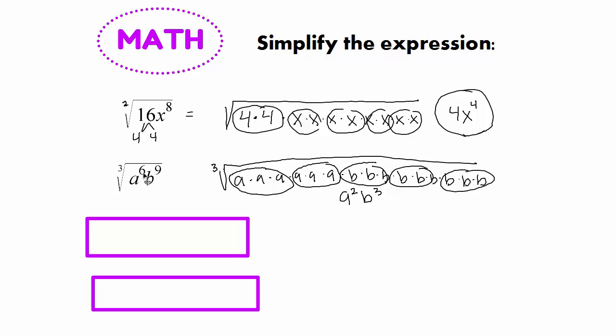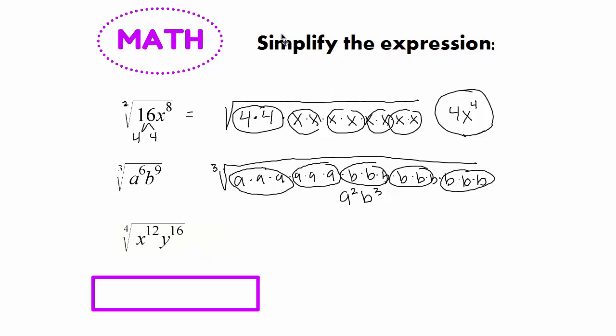What you hopefully are noticing here is that if you take this power and divide it by the index, you get this number. So 6 divided by 3 is 2, 9 divided by 3 is 3, so that's kind of the shortcut, or the easier way, I guess, to do them. So for this one, that rule is helpful because we don't necessarily want to write out 12 x's and 16 y's.